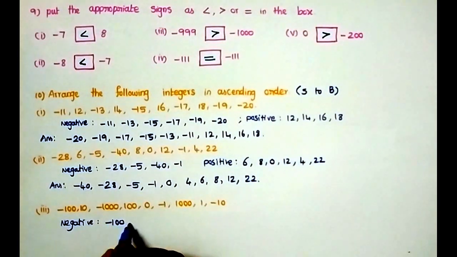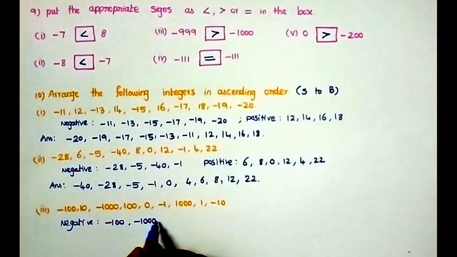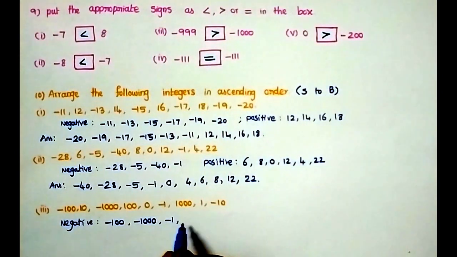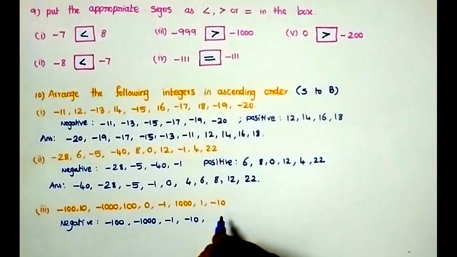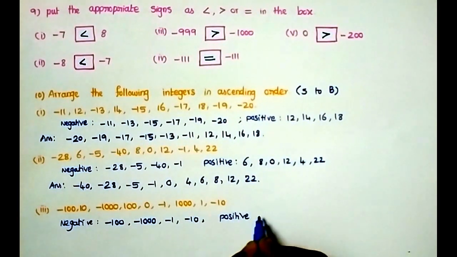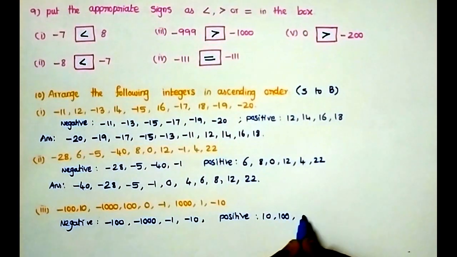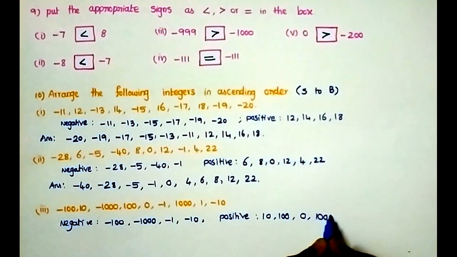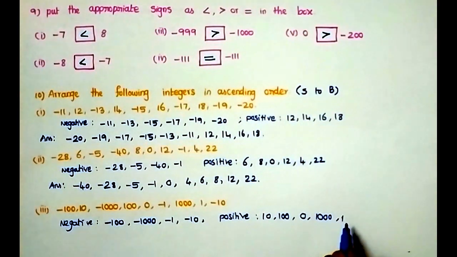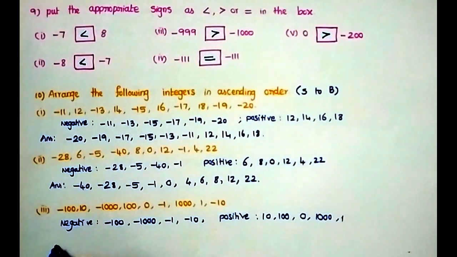Minus 100, minus 1000 and then minus 1, minus 10, and then positive 10, 100, 0, 1000, then 1. Now write the answer.